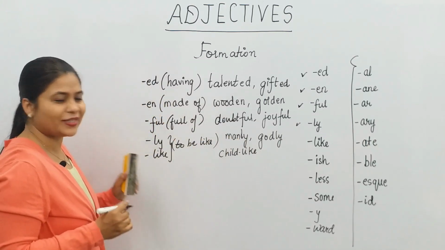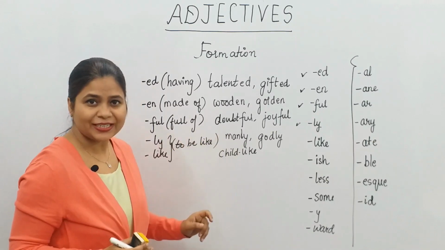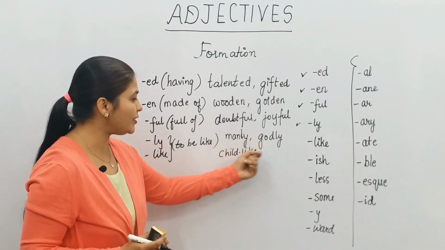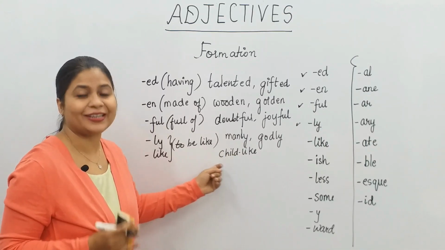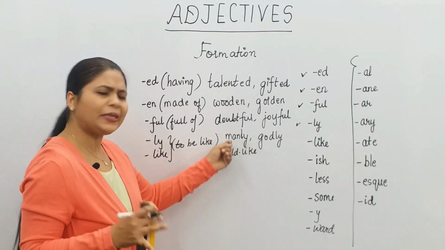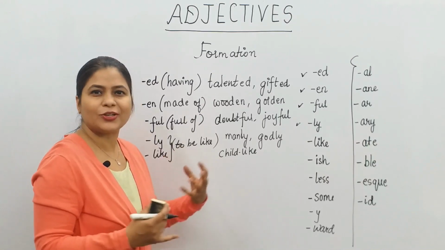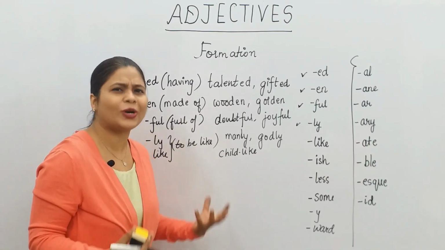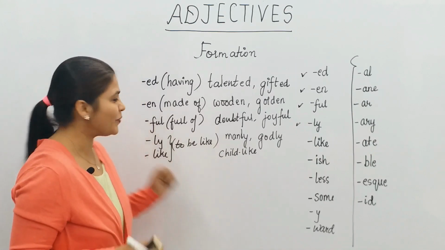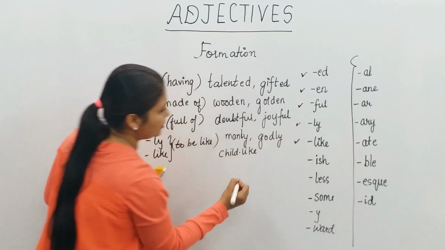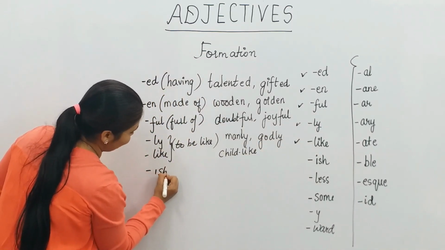We've heard these words, right? All these are adjectives which are made from the nouns man, God, child. Like a child, childlike. Like a man, manly. Somebody who is merciful, good, you just want to use the adjective godly. A godly behavior.